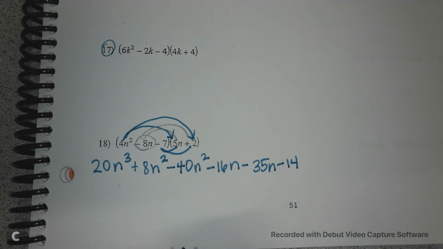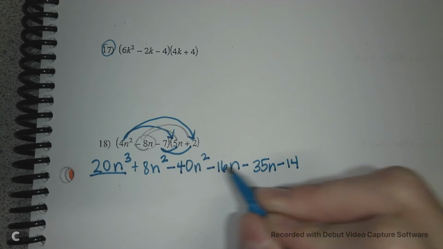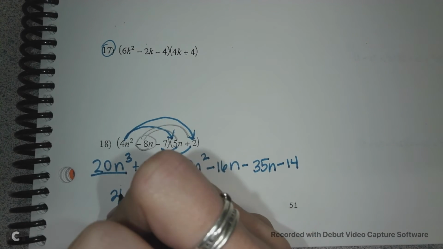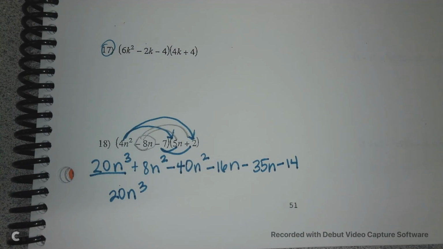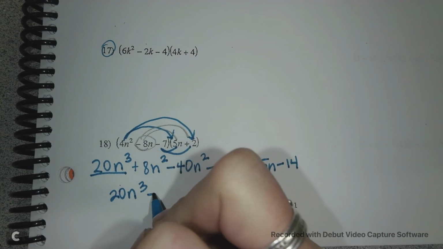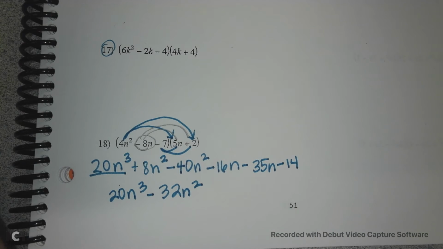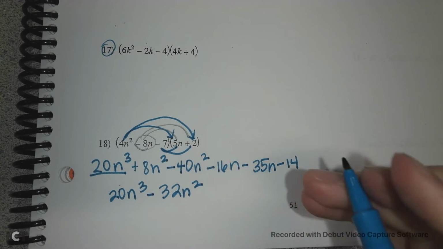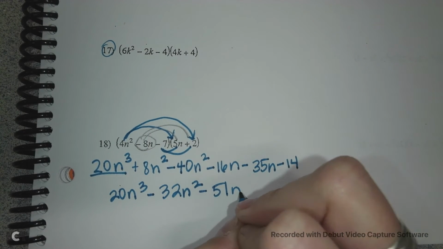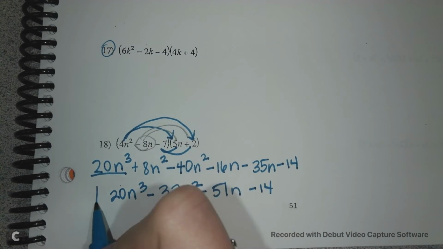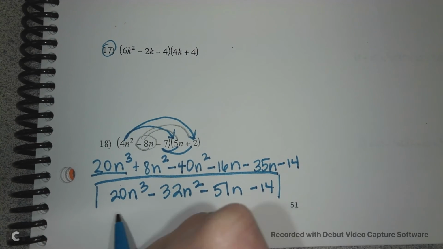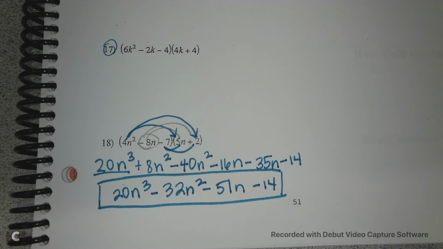Again, we combine our like terms, so we have 20n cubed. I've got no other n cubed, so that's our answer. And then we have 8 minus 40, so negative 32n squared. And then we have negative 16 and negative 35, so that's negative 51n. And our negative 14 hanging out over there on the side.